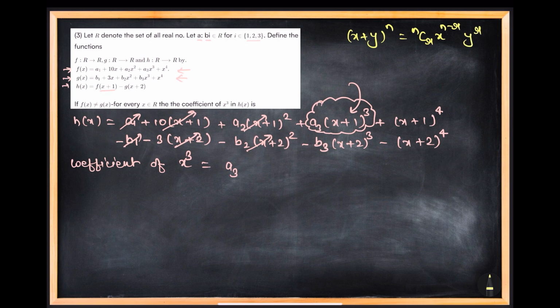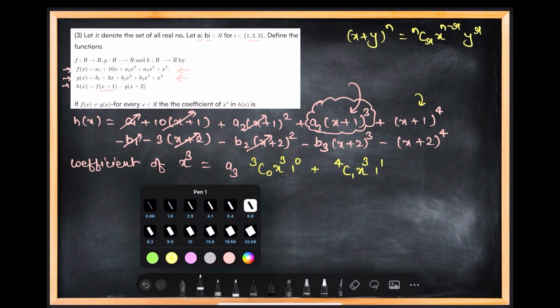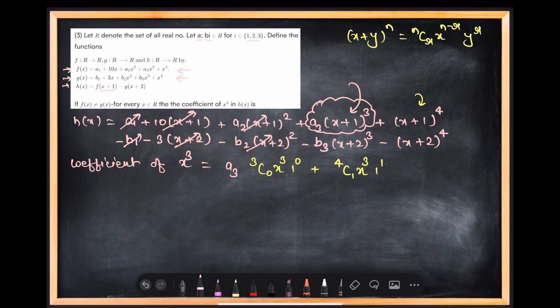We wish x to take power 3, so can I write 3C0 x power 3 1 power 0. Now plus, here also we want x to take power 3, so we write 4C1 x power 3 1 power 1.